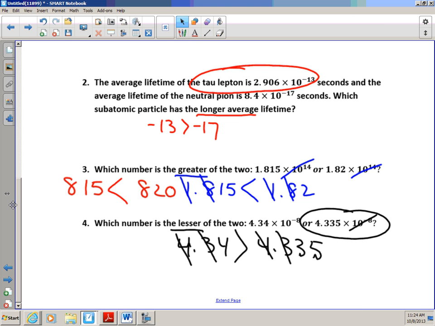So the point today, we did not do anything different in terms of our work on scientific notation. All we did was compare numbers that were in scientific notation, to figure out which one is larger or smaller than the other.